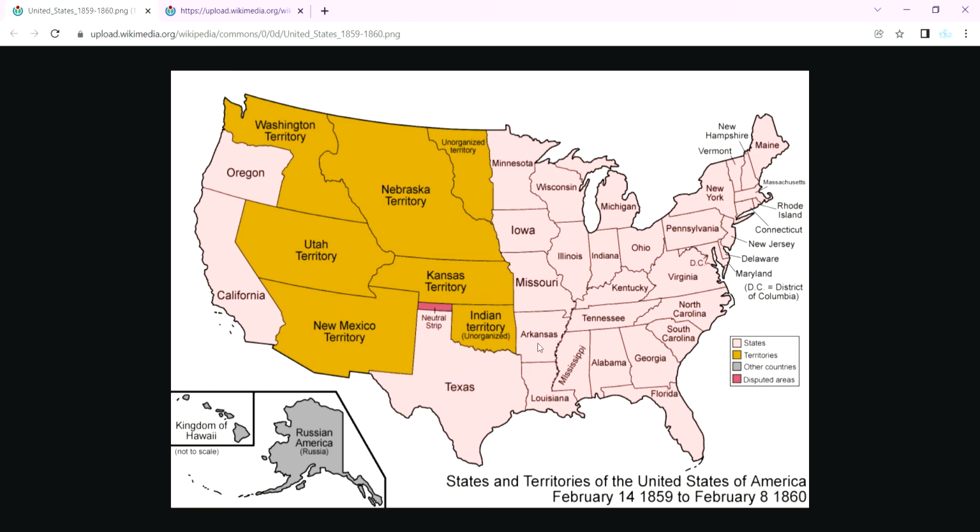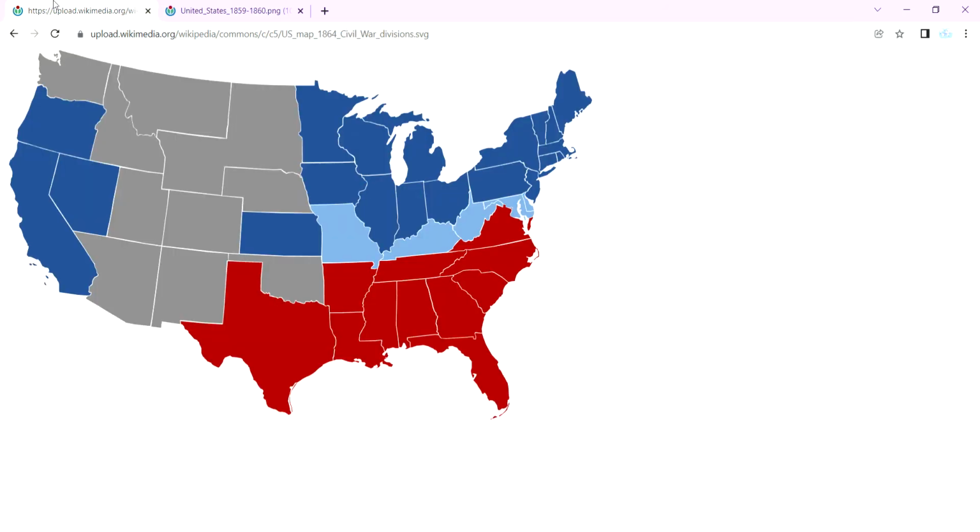But the South still didn't like it, and they were very nervous. They didn't like the fact that Abraham Lincoln was elected president, because many southern states didn't even allow their citizens to vote for him, but he still won anyways. So as a result, they started to secede.